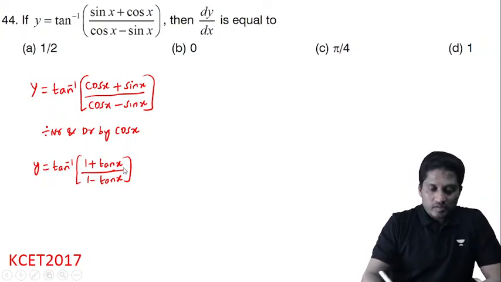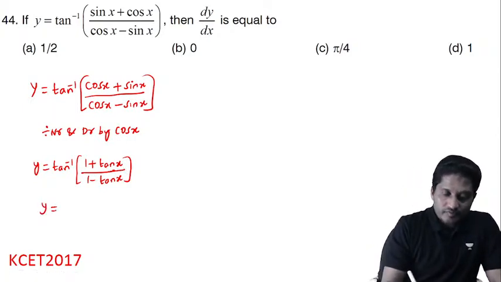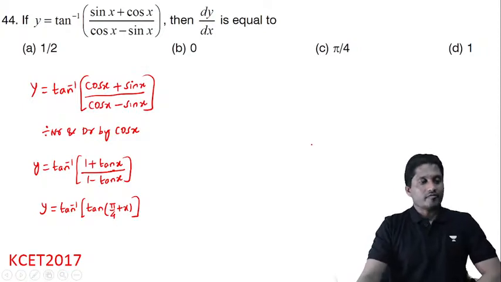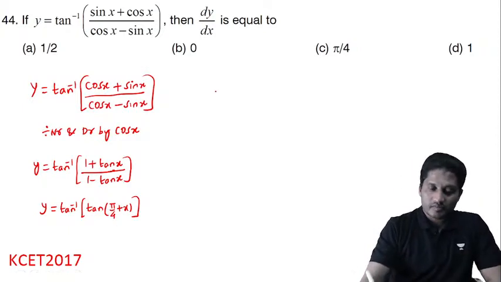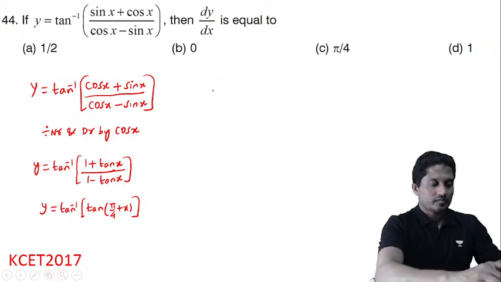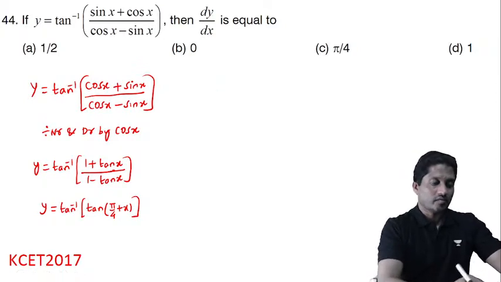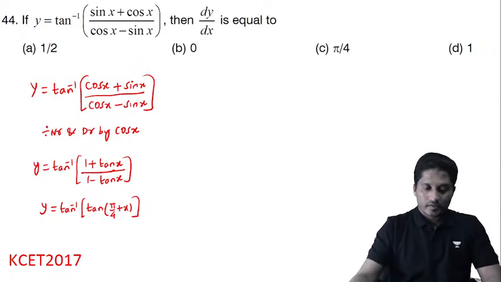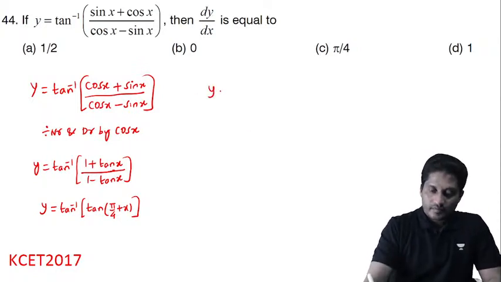Right, now y is equal to tan inverse of (1 plus tan) by (1 minus tan), which is tan of (pi by 4 plus x), right? 1 plus tan by 1 minus tan is tan(pi by 4 plus x). So y is equal to pi by 4 plus x only.